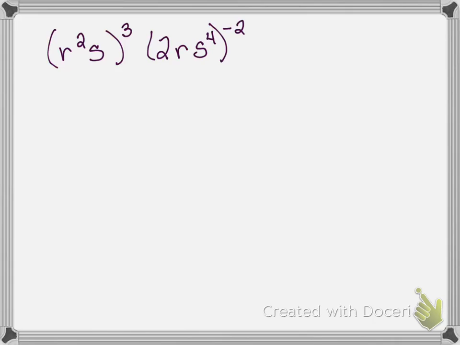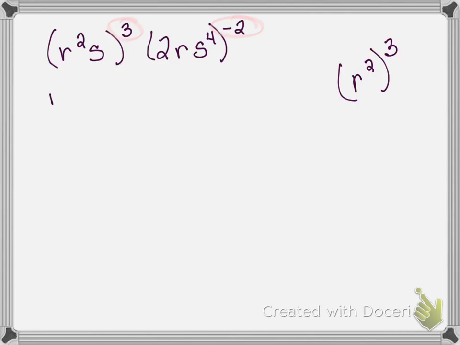Okay? Now, the absolute first thing that I've got to deal with in both of these are these right here. I've got to deal with those first. And so what I'm going to do is I'm going to say r squared, and r squared is being raised to the third power. So that is r squared, and I'm raising that to the third power. So what do I do with the 2 and the 3?